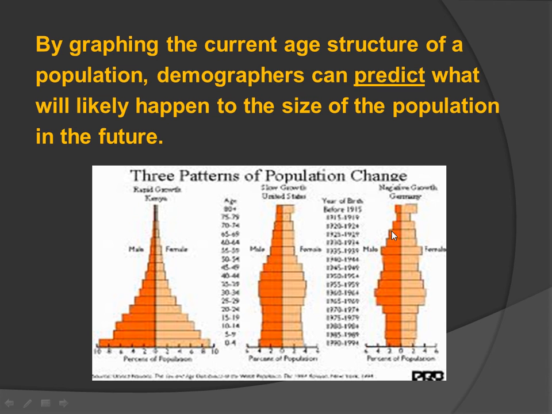This is Germany, and it's showing a country whose population is actually beginning to decrease. So when a scientist graphs the population of a country, the shape of the graph helps them predict what's going to happen with the population in the future.